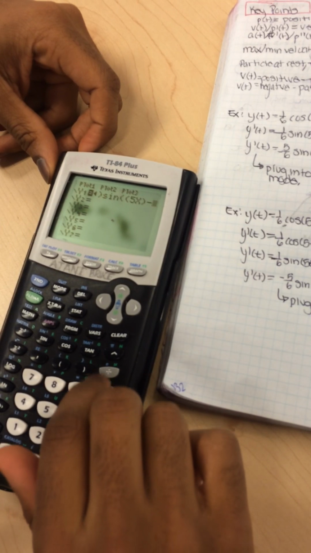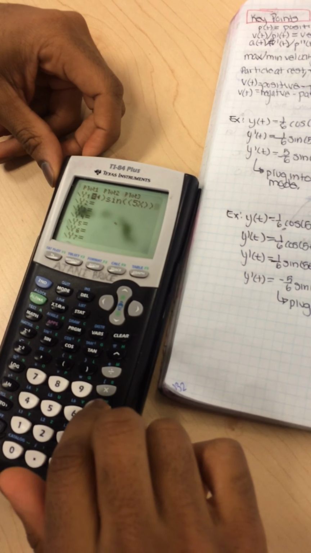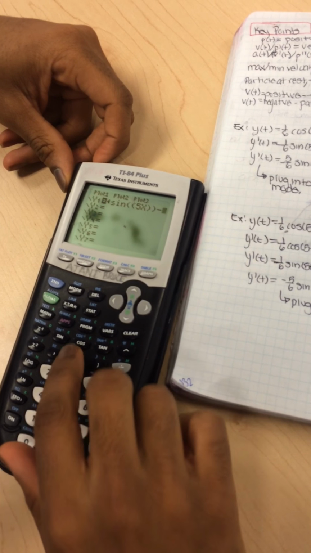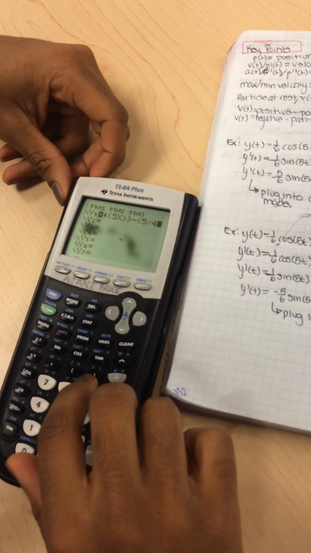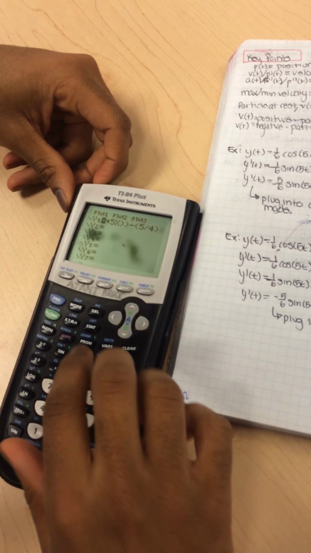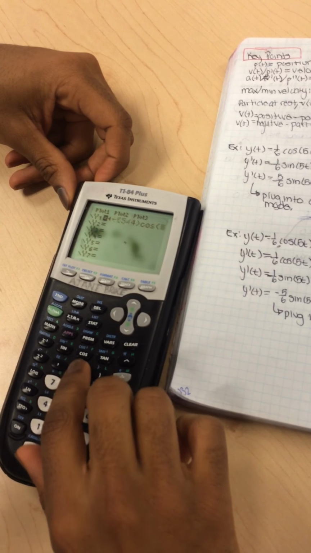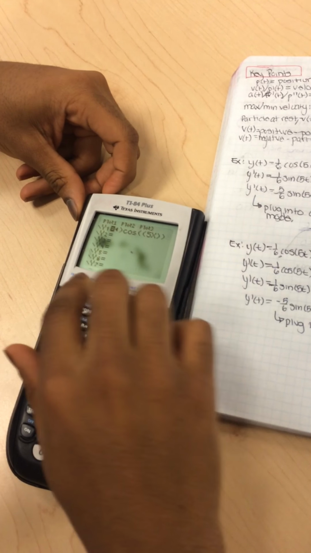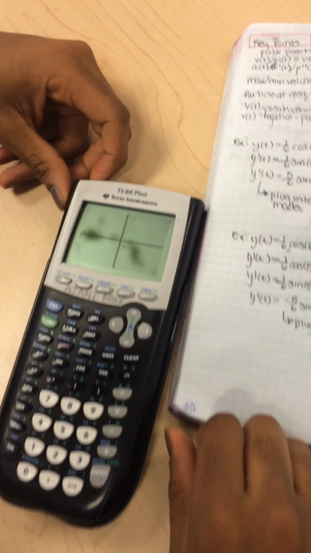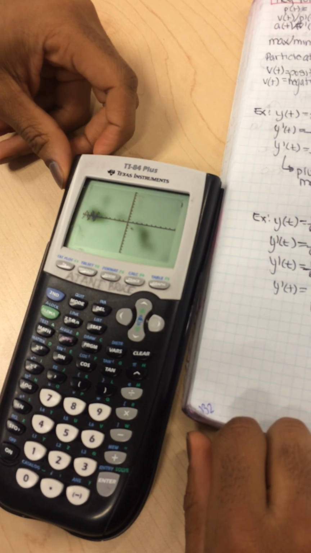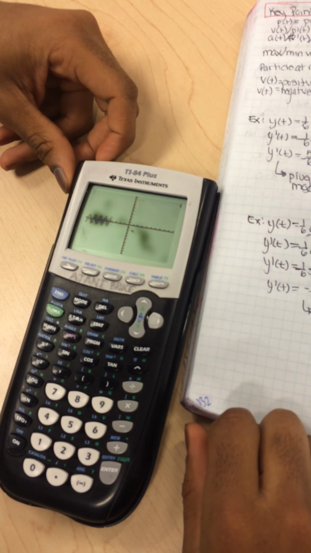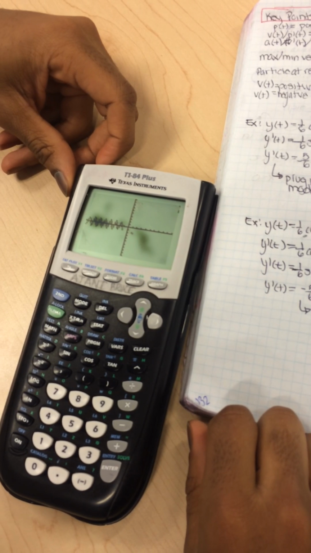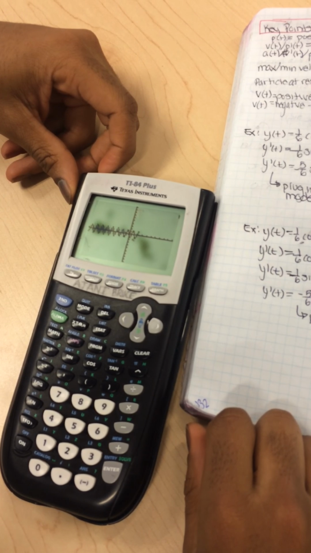Oh, don't forget to double close that parentheses. Oh. Good. Minus 5/4 cosine 5x. Graph. Good.